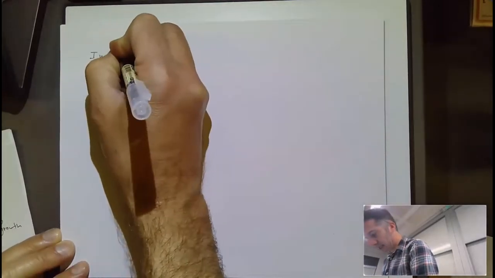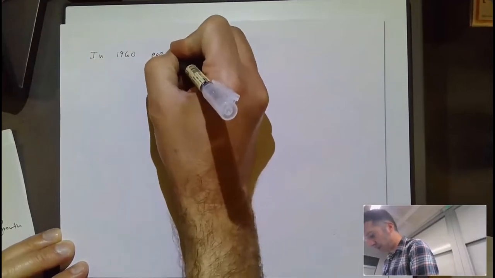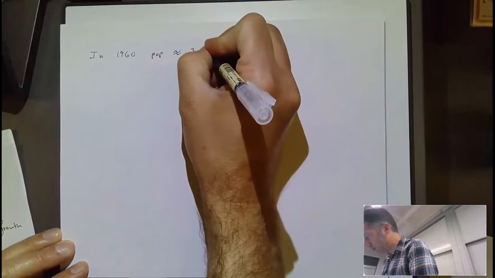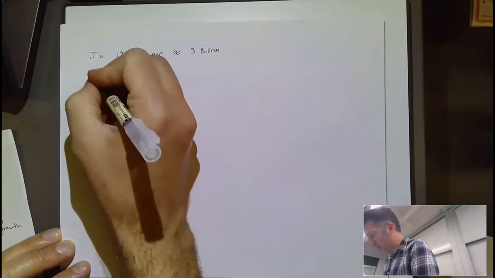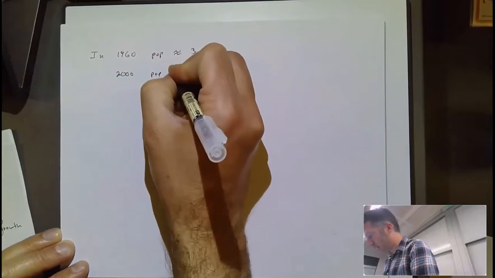In 1960, the world population was approximately 3 billion people. And in 2000, the population was approximately 6 billion people.